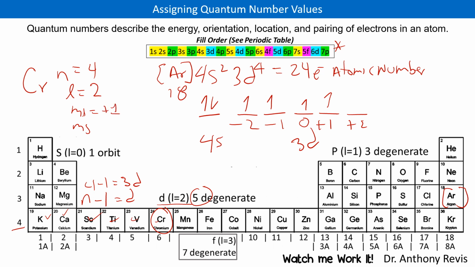You can talk about your interest in any of them at any given point. And the spin, this electron is up, so that's a +1/2. All right. So that's how we assign quantum numbers to our atoms or to the elements.